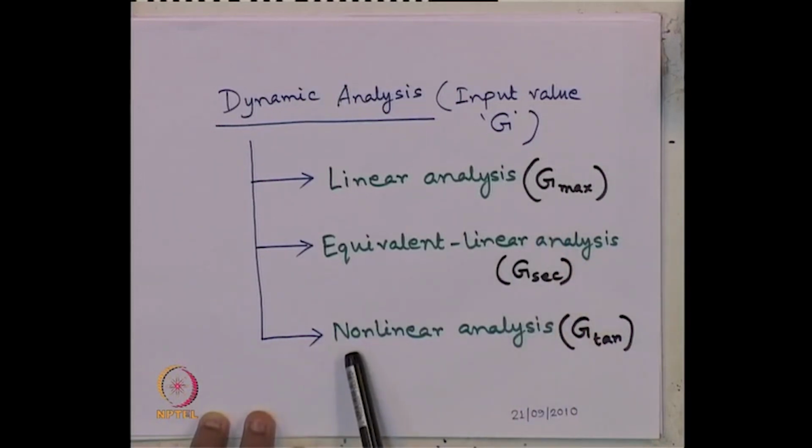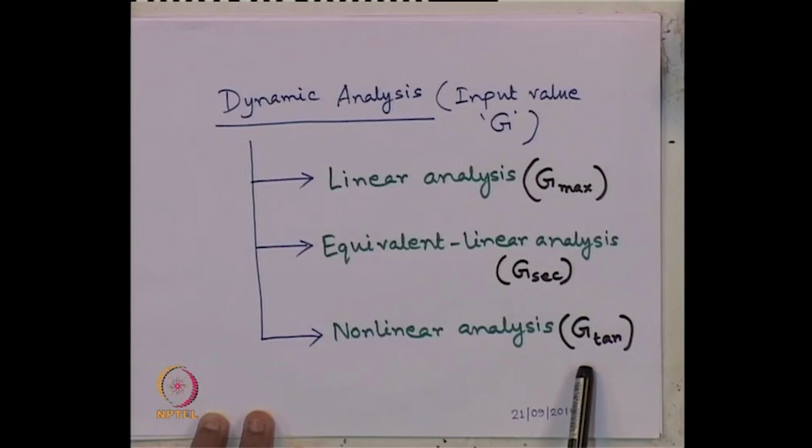Whereas, the most complex analysis, but the most accurate analysis, is nonlinear analysis, where we are able to capture the behavior of the soil material, that is the shear modulus of the soil material at any value of its cyclic shear strain. So, we should use at that point the tangent shear modulus.